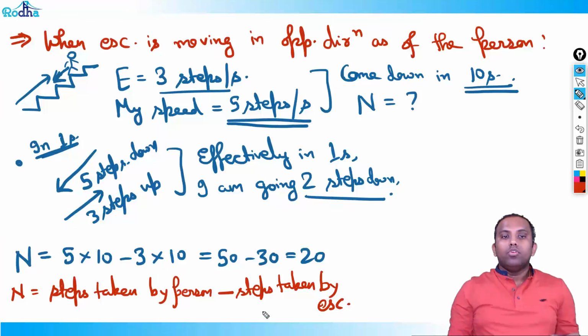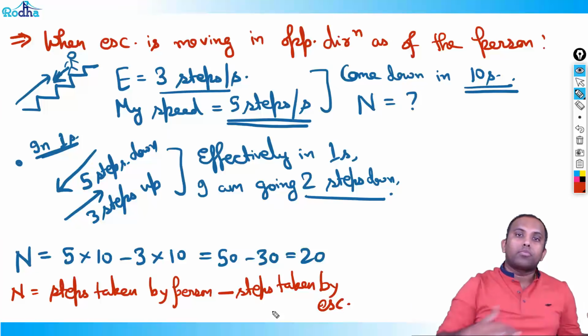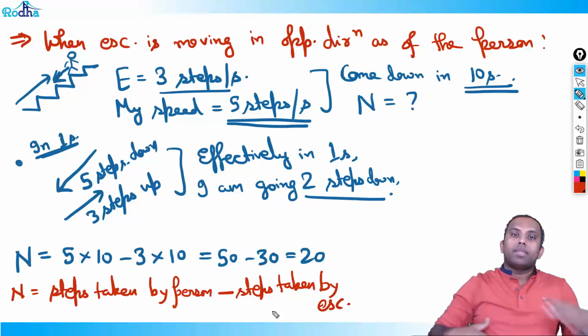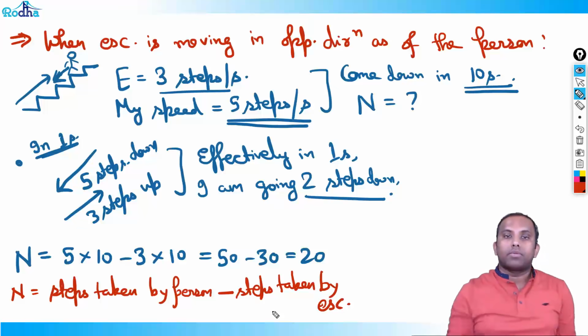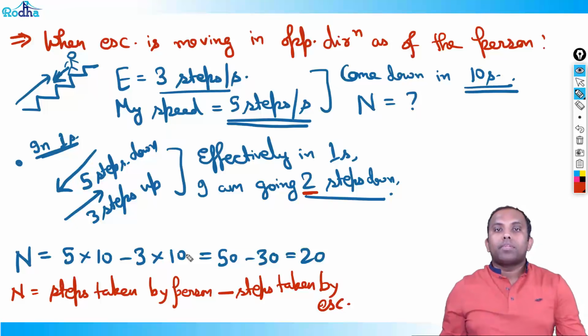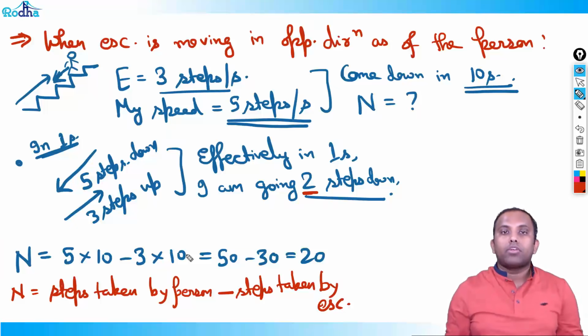Okay, so it is now opposite, right? If I am going in the opposite direction, it has to be minus, because I am going downward, the escalator is pushing me upward. So steps taken by me minus steps taken by escalator will give me the effective steps, right? Like here, 5 minus 3 will be 2. Okay, I hope you got this beautiful concept of the escalator, right? I will start doing questions. This is a very nice concept of the escalator.